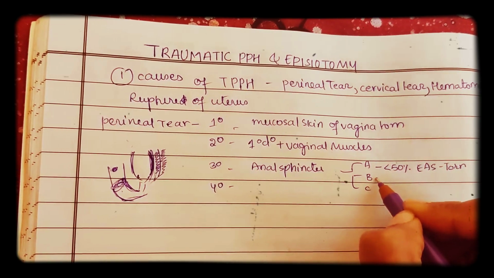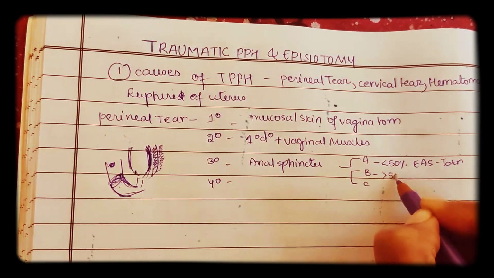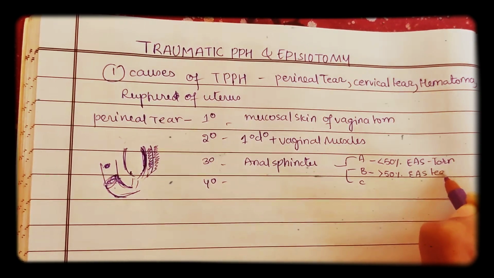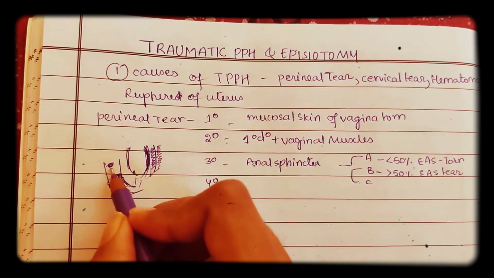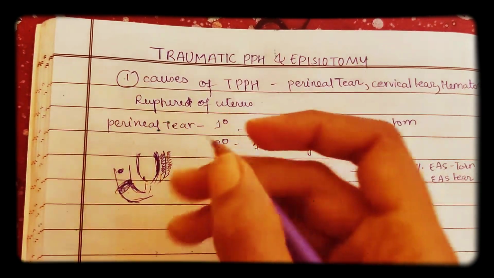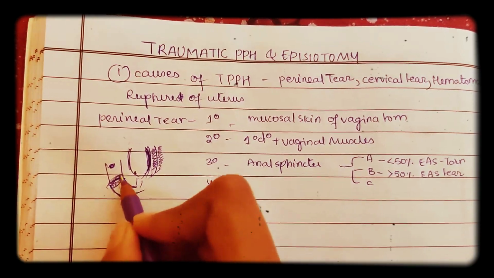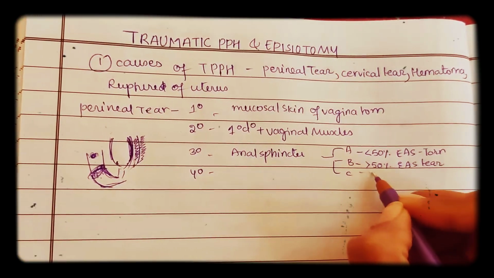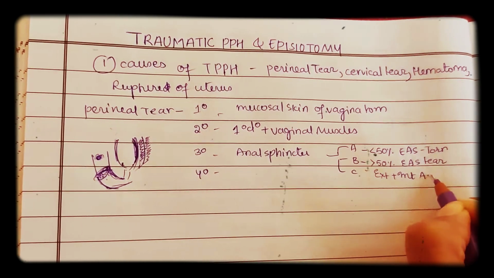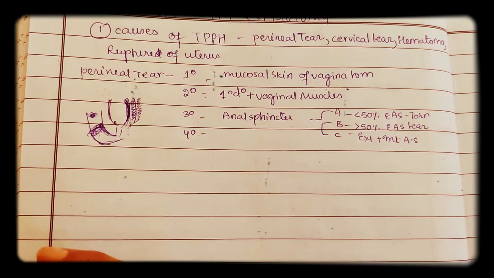Next, coming to the B type, here greater than 50% of the external anal sphincter has torn. Even B is talking about the external anal sphincter. Coming to C, here both the external and internal anal sphincter are torn. So that is what you need to see.